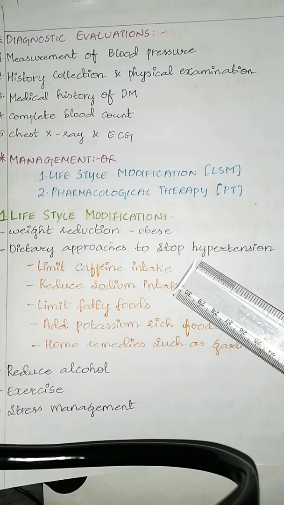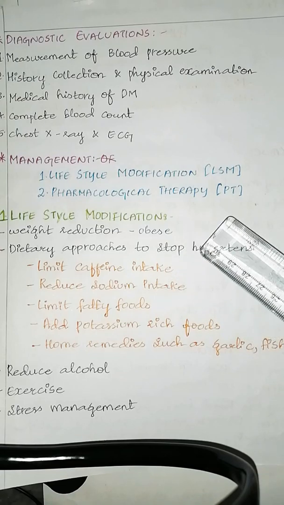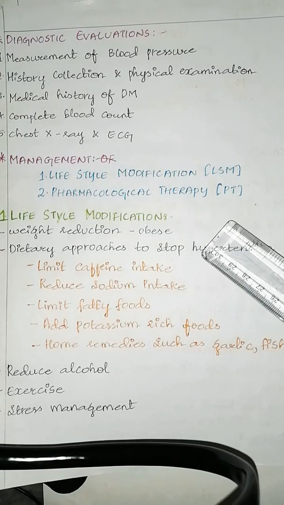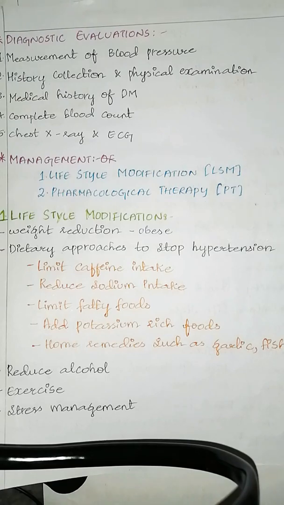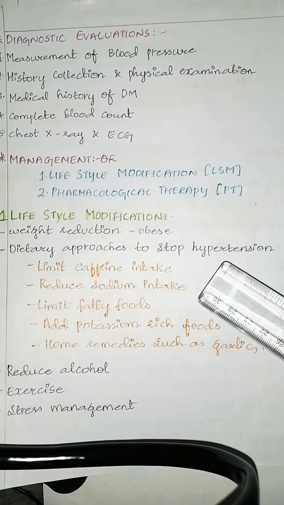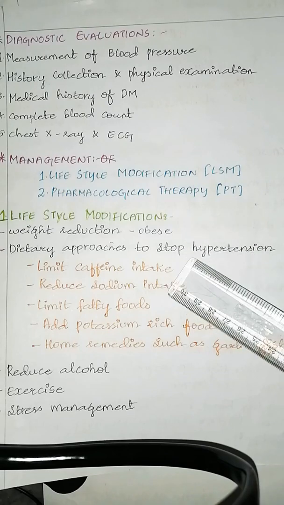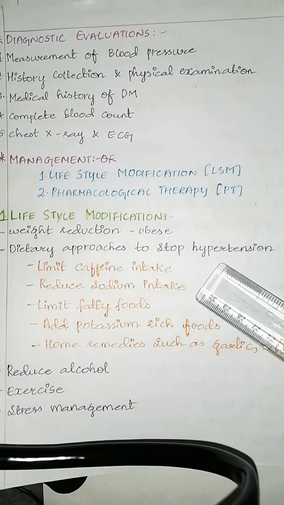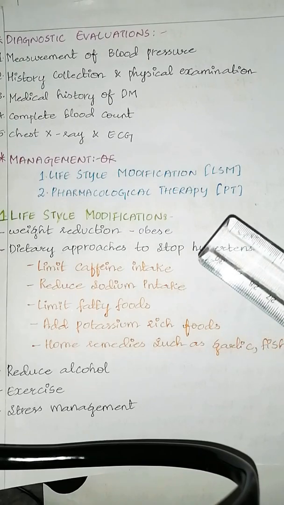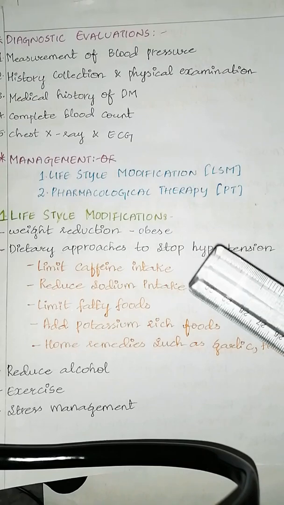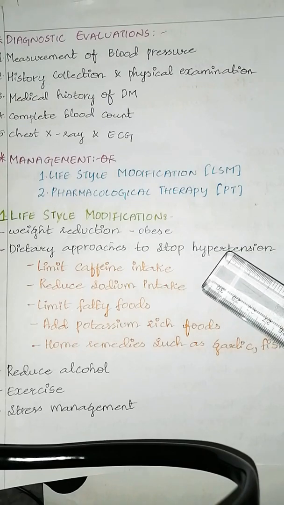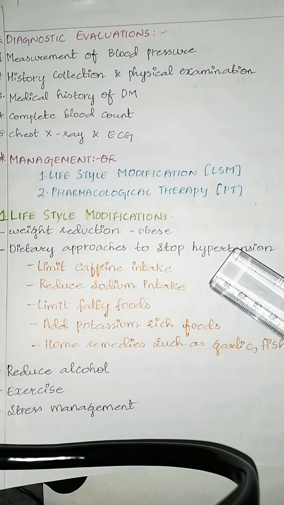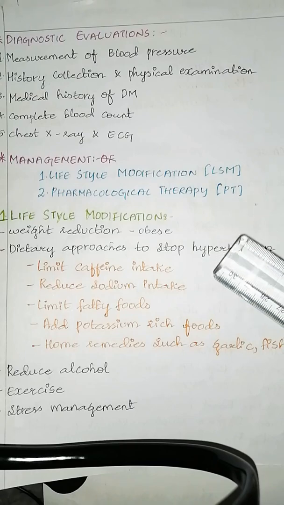Limit fatty food. Eliminate foods that are high in saturated fat, such as processed food, full fat dairy products, and fatty meats, that is red meat, which should be avoided in hypertensive patients. Add potassium rich foods. It is said that a daily intake of 3000 to 3500 mg of potassium by hypertensive patients can reduce your blood pressure effectively.